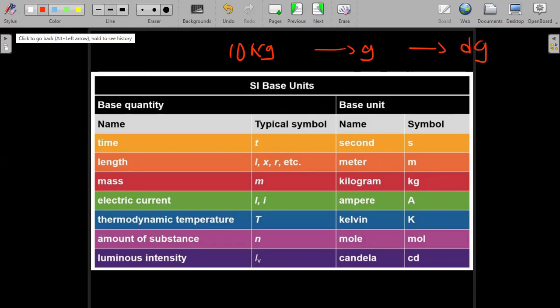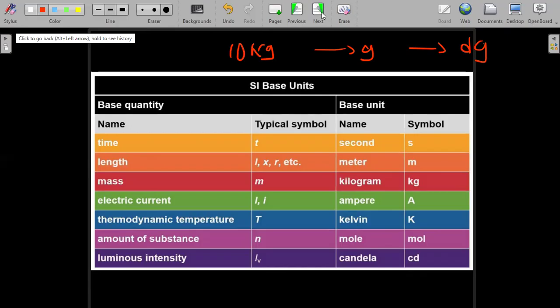So how can we change from one form of the units to the other? We change these units from one form to the other by using what we call the metric system. The metric system is simply a table that contains multiples and submultiples of 10.